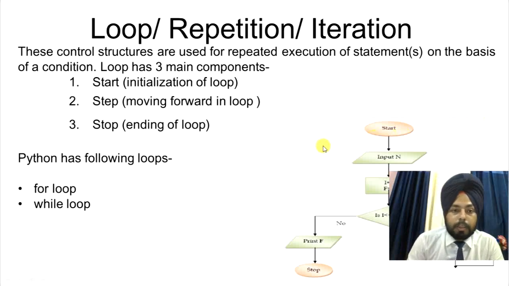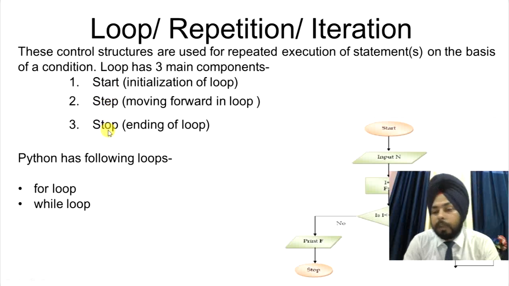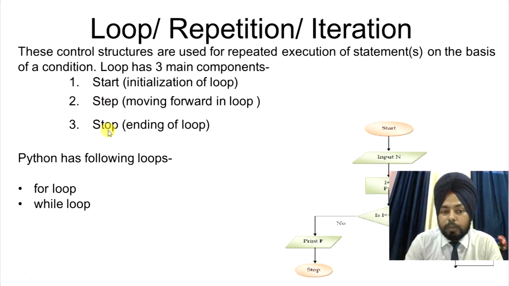The steps are given here: start, step, then stop. We can use two types of loop in Python. The first one is the for loop and the second one is the while loop. The diagram is also given here.